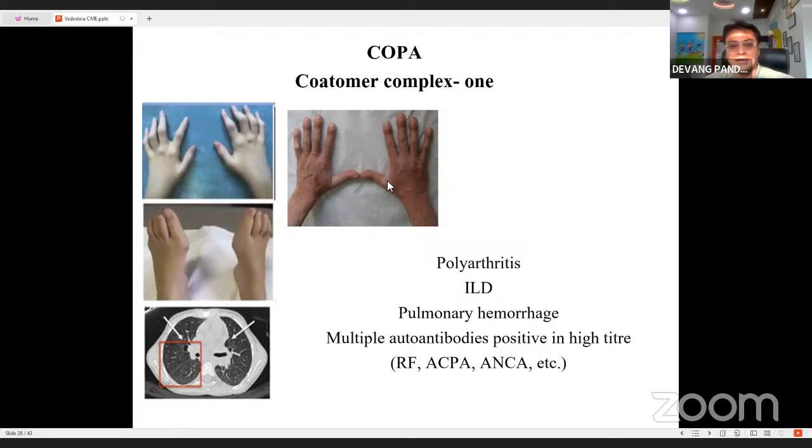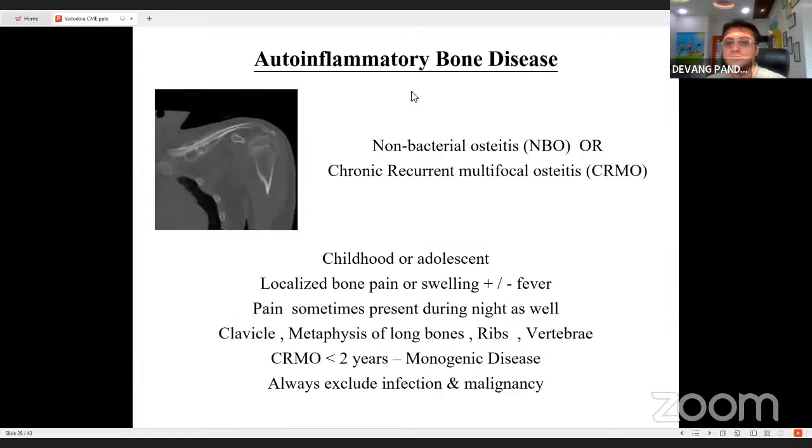And only genetic analysis can confirm this, because the treatment is totally different, as interferonopathy responds well to JAK inhibitors compared to any other medications. And this child will have multiple autoantibodies positive like RF, ACPA, ANA, ANCA. So this again gets confused with routine rheumatological disorders.